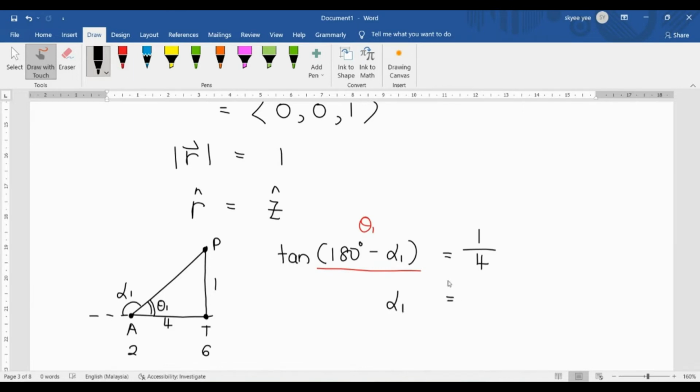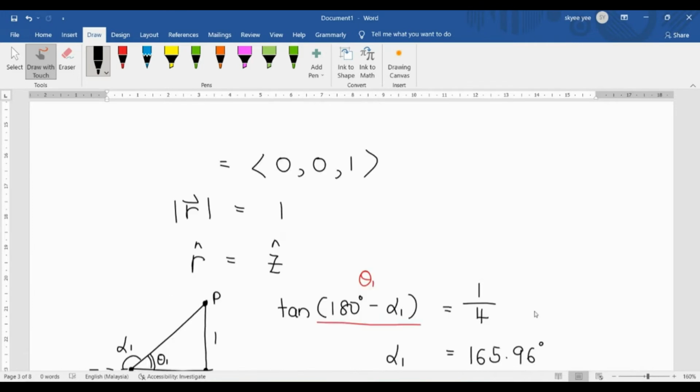Tangent inverse of 1 over 4, so you get 165.96 degrees. Who cannot get this one? So this is your alpha 1.